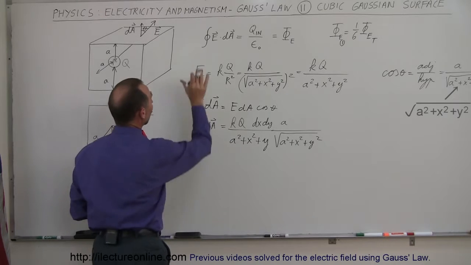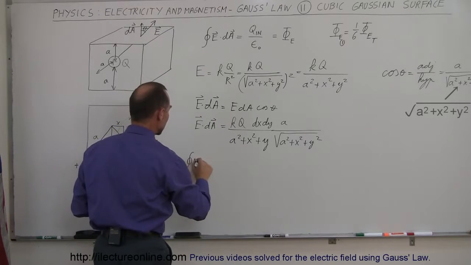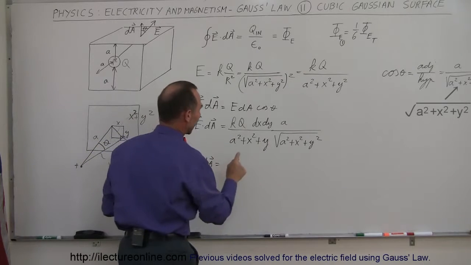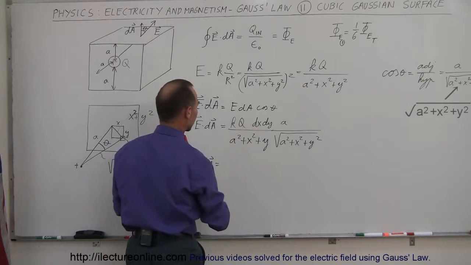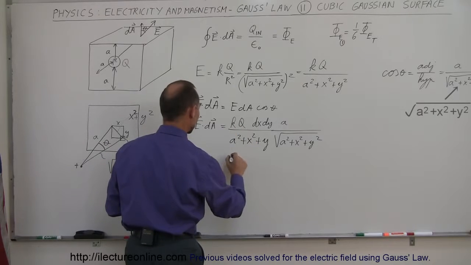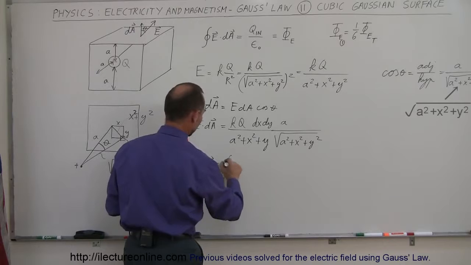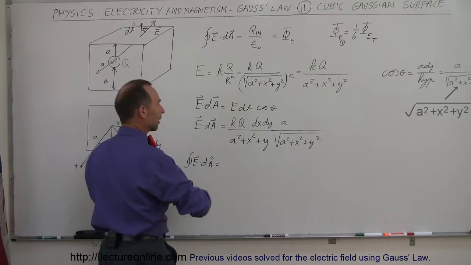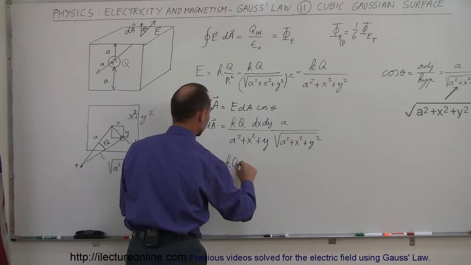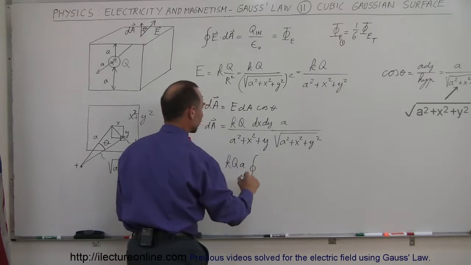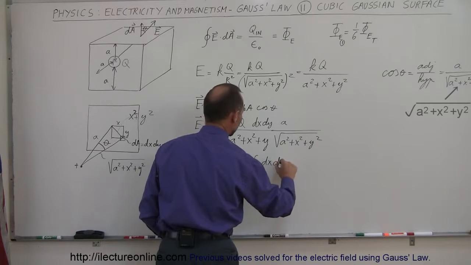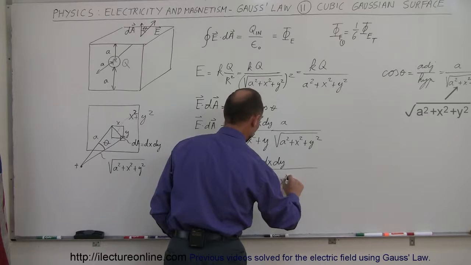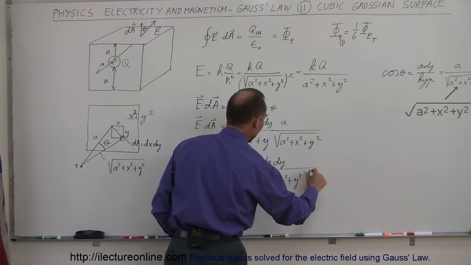And if we now want to integrate that, the integral of E dot dA would be equal to the integral of this. Now notice that a is a constant, k and Q are constants, so let's get the constants out first. That would be k Q a times the surface integral of dx times dy divided by the quantity a squared plus x squared plus y squared to the 3/2 power.